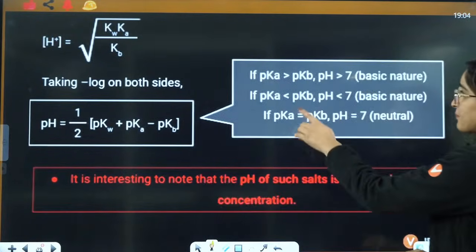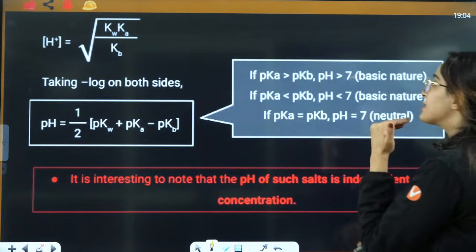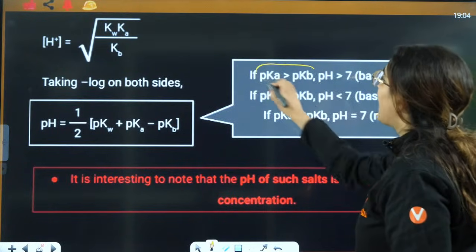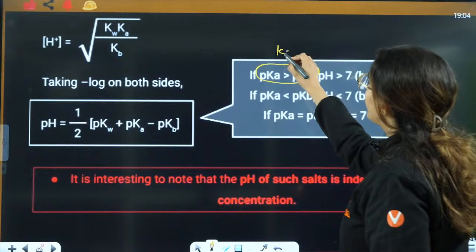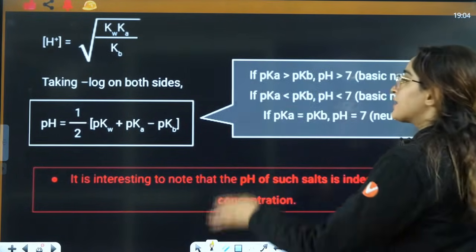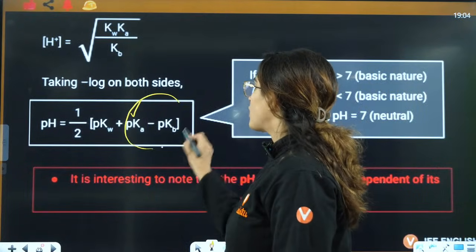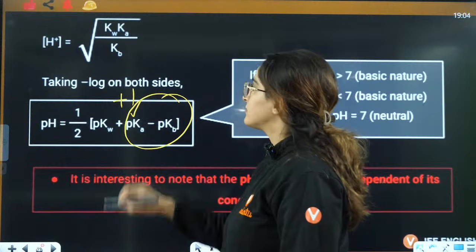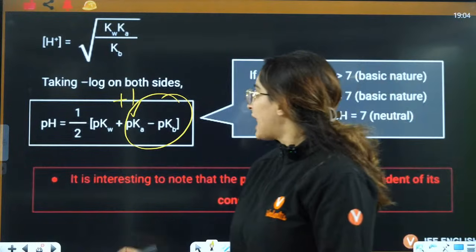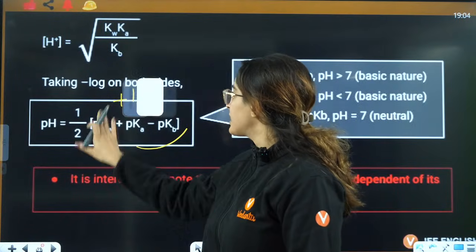If I say pKa is greater than pKb, that means Ka is less than Kb. Firstly, let's see it from the formula. If pKa is greater, this overall value will be added positive. pKw is already 14, so 14 by 2 is 7.